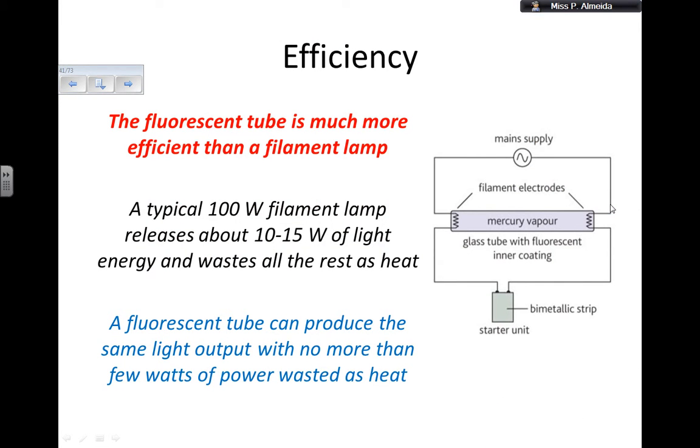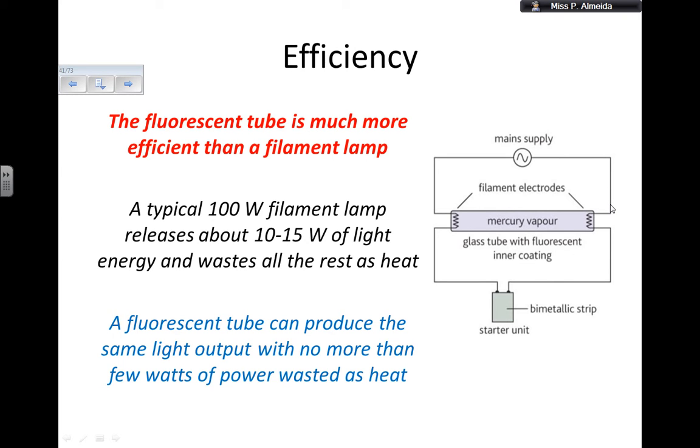And these fluorescent tubes are much more efficient than filament lamps. For you to have an idea, a typical filament lamp needs 100 watts of energy input, but it releases about 10 to 15 watts of light energy, so useful output, and wastes all the rest of the energy as heat, okay?